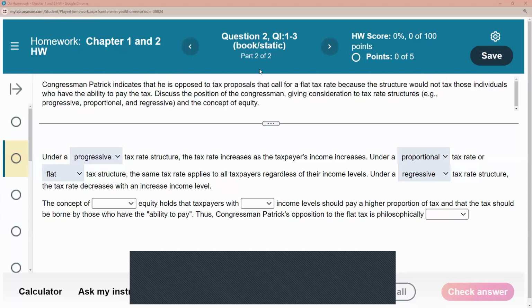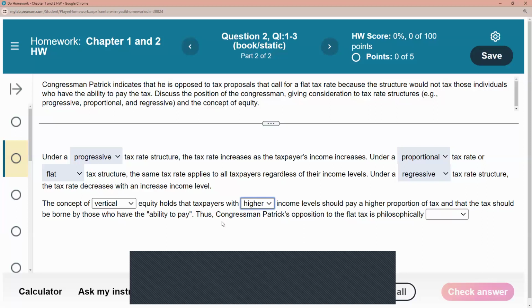So based on this information, the concept of vertical equity holds that taxpayers with higher income levels should pay a higher proportion of tax, and that the tax should be borne by those who have the ability to pay. So let's say we have taxpayer A and taxpayer B. If taxpayer A has income of $100,000 and taxpayer B has income of $30,000, taxpayers A and B should not pay the same amount of income tax.